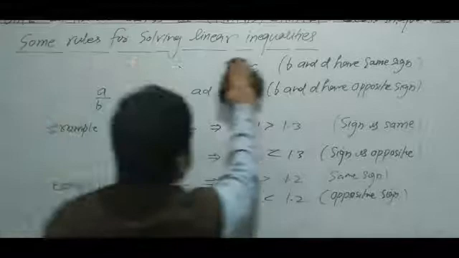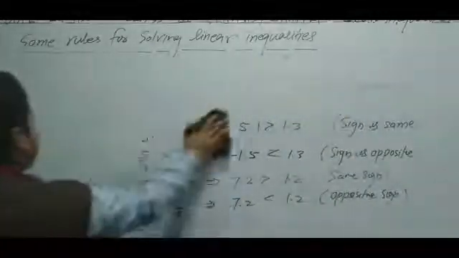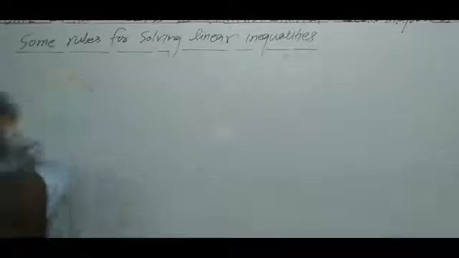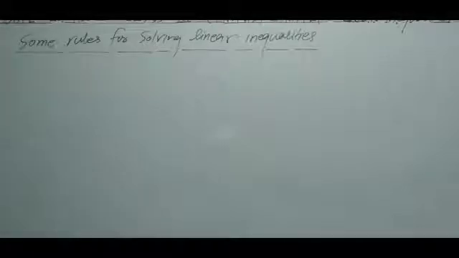The fifth point is taking the square root of two sides of an inequality or an inequation is not valid.